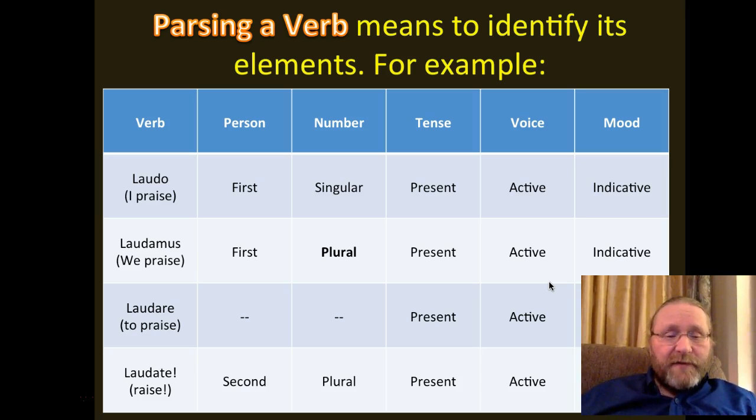That's different than if we go down to the last, where laudate is a second person plural verb, y'all. It's present and it's active, but it's not indicative, it's imperative, it's commanding more than one of you to praise something or other.